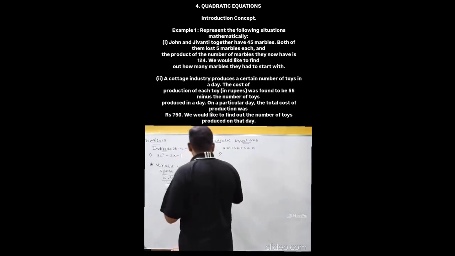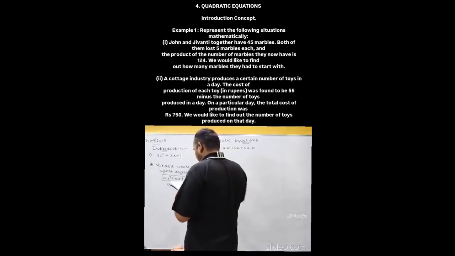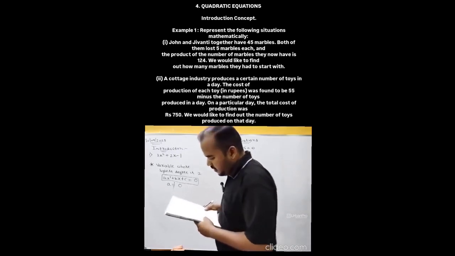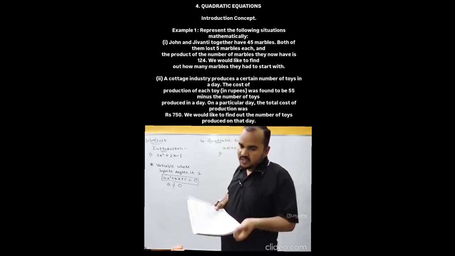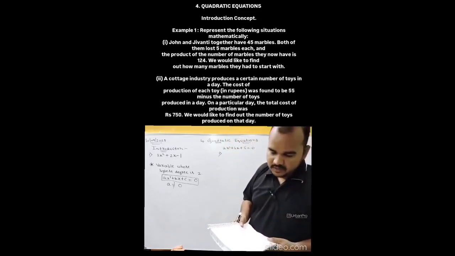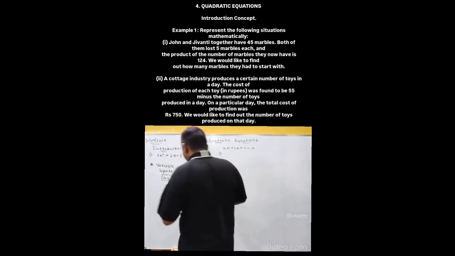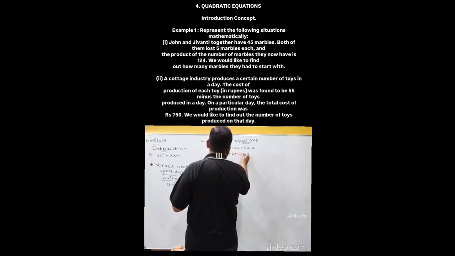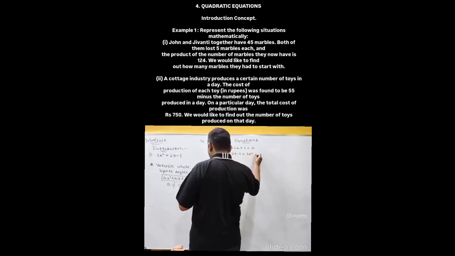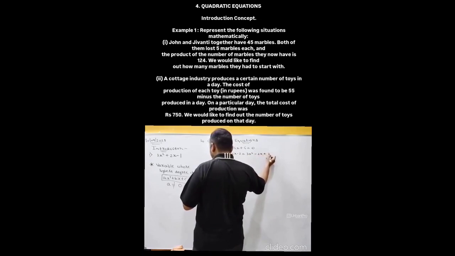So see here, first we will write whether it is a quadratic equation or not, then we will write the coefficients. First example: x square plus 2x minus 2 is equal to 3x square minus 2x plus 2.